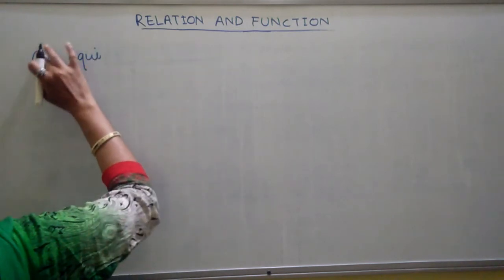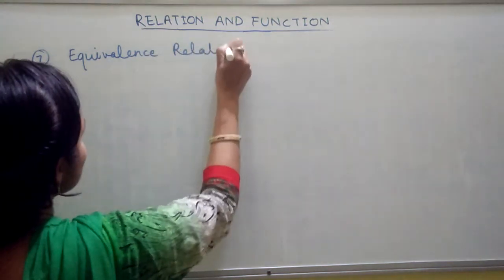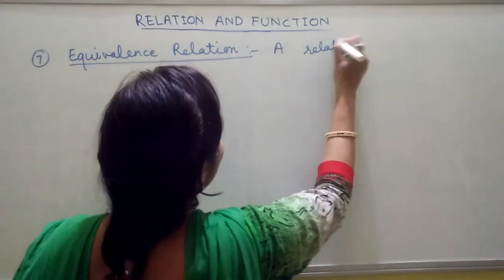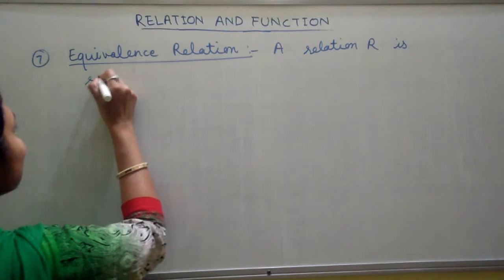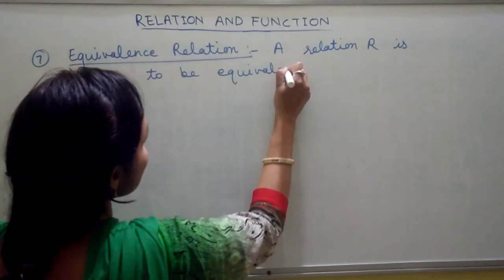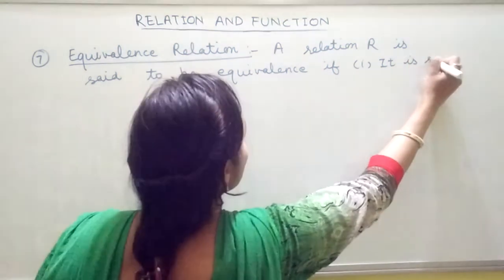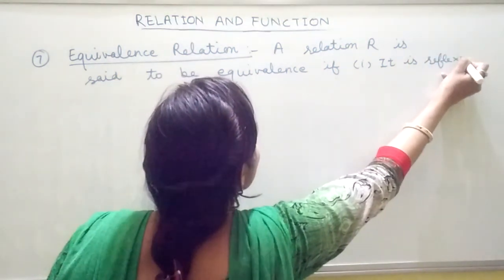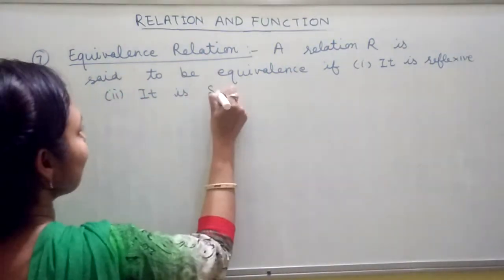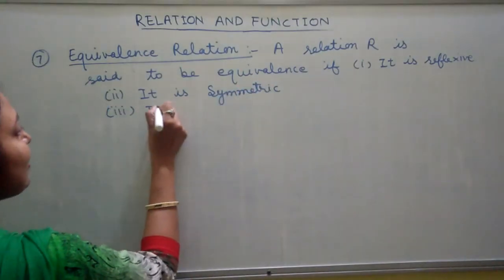This is seventh, equivalence relation. What is equivalence? A relation R is said to be equivalence if first of all it is reflexive, second it is symmetric, and third it is transitive.